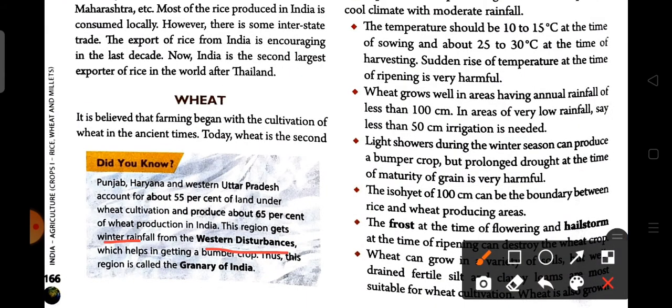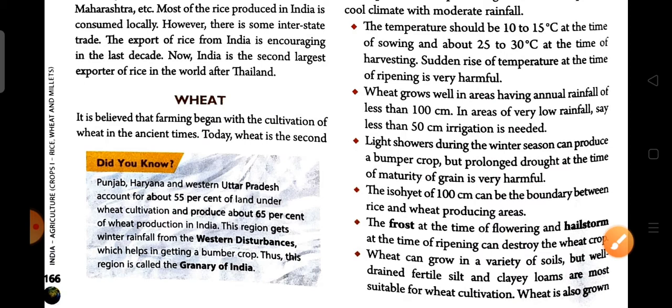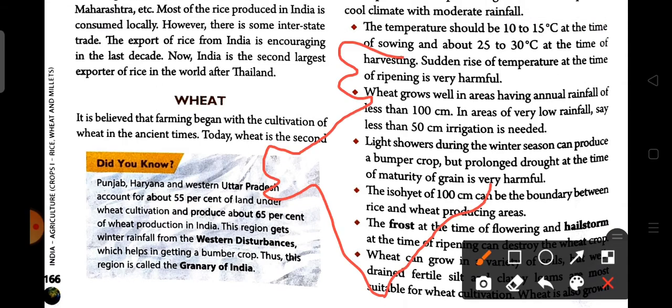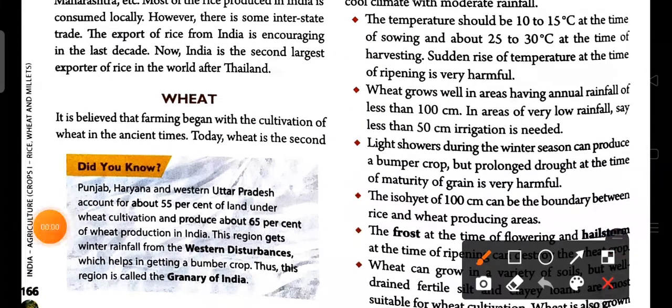An extratropical storm originating in the Mediterranean region that brings a sudden winter rain to the northwestern part of the Indian subcontinent, which helps in getting a bumper crop or maximum crop production.